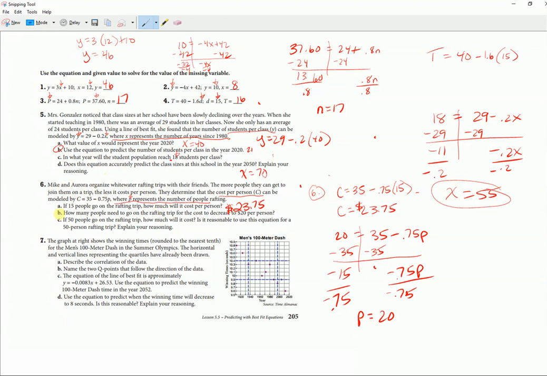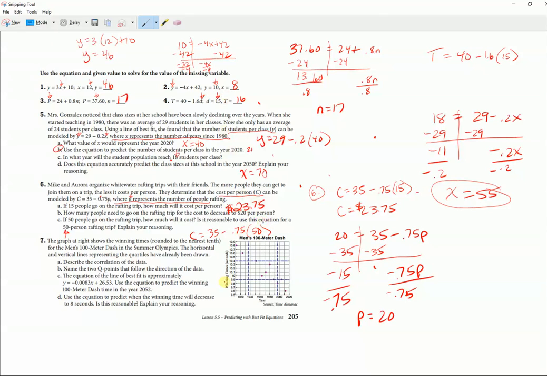If 50 people go on the rafting trip, how much will it cost? Is it reasonable to use this for 50 people? Let's plug in 50 for the variable p. So C is equal to 35 minus 0.75 times 50.